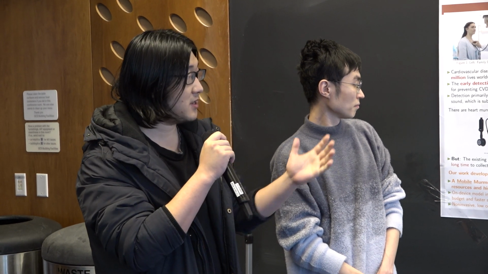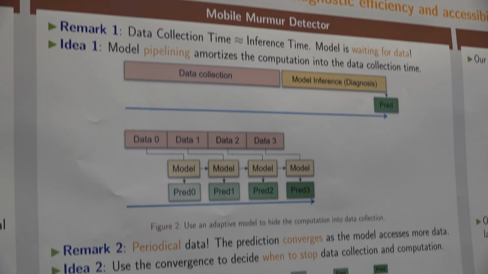So together we introduce a bunch of model designs, which Zhengyang will talk about later, and then we actually build this product that can run on the device with the Raspberry Pi and other mobile devices to do real-time murmur detection. So I will pass it to Zhengyang.